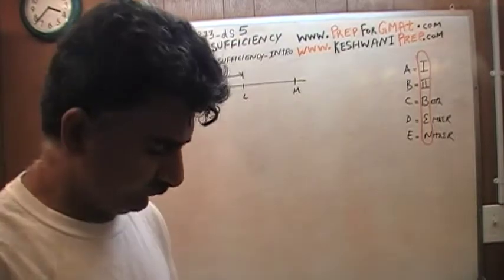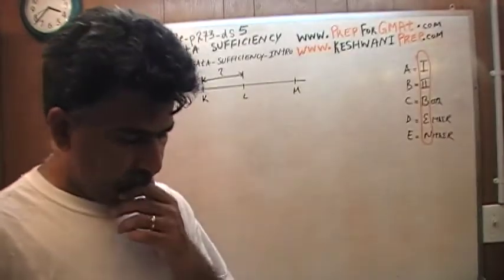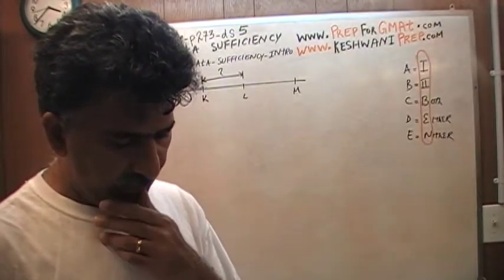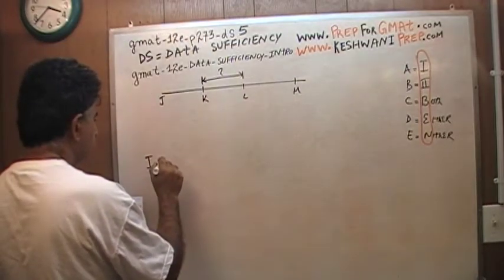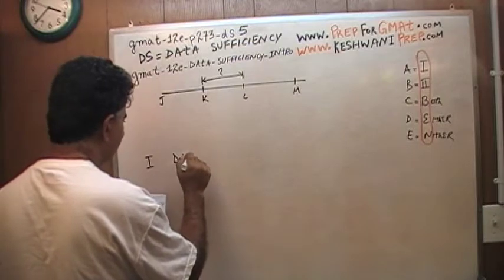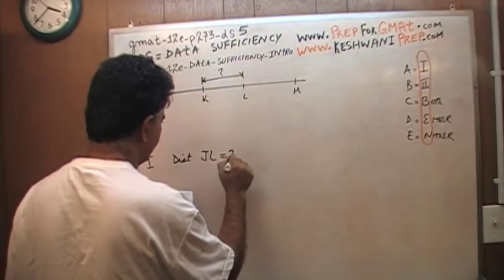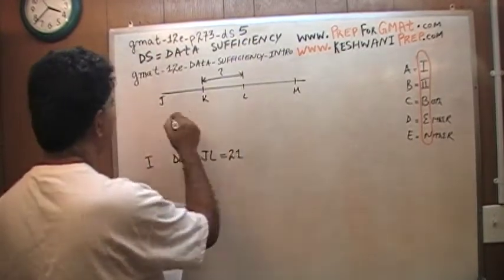Let's see what they give us in the first statement. The distance from J to L is 21. J to L is right here.